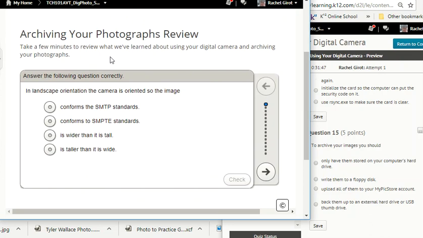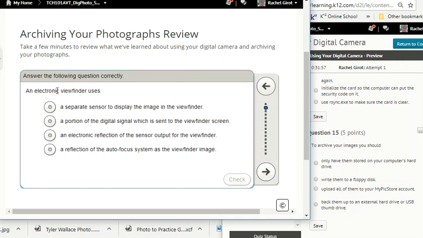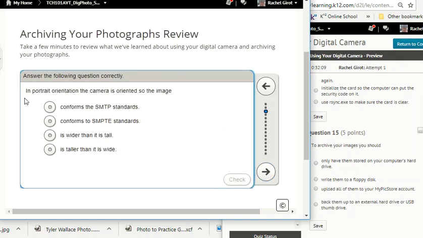Archiving your photographs review. Here we go. In landscape orientation, the camera is oriented so the image is wider than it is tall. An electronic viewfinder uses a portion of the digital signal which is sent to the viewfinder screen. In portrait orientation, the camera is oriented so that the image is taller than wider.